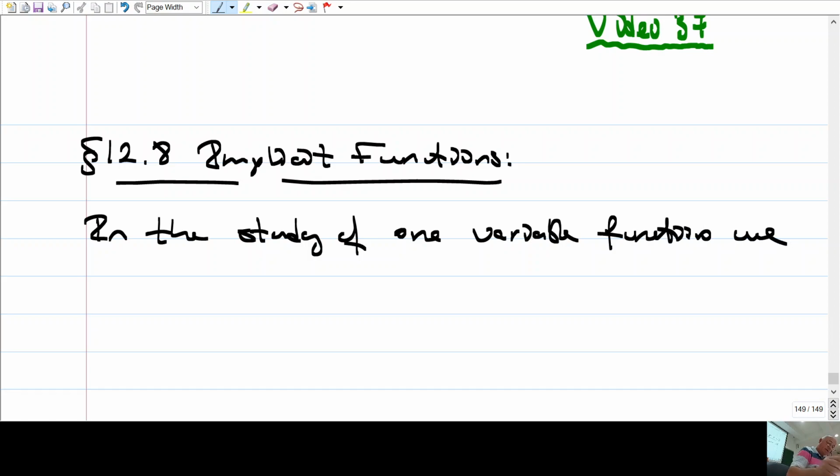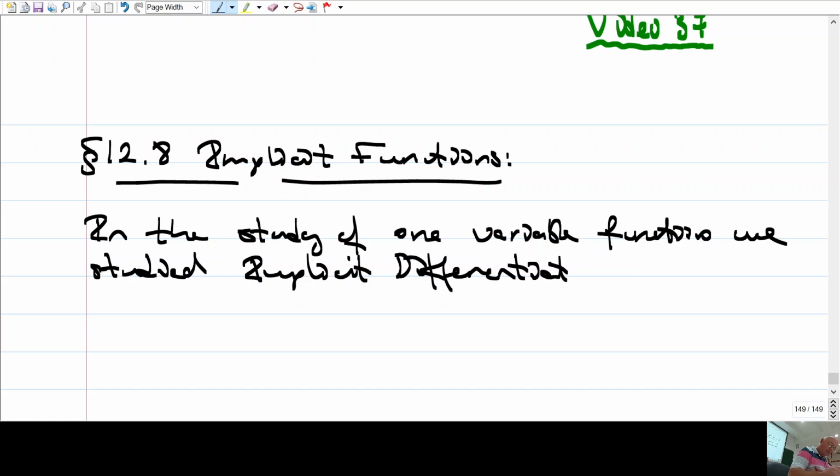We studied implicit differentiation. What was that? It was like this.